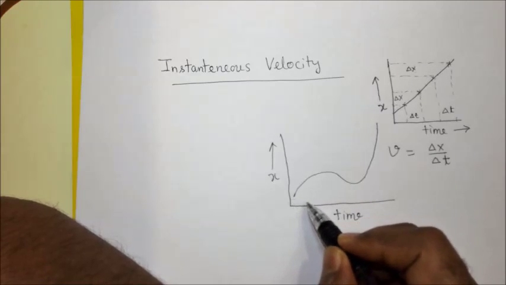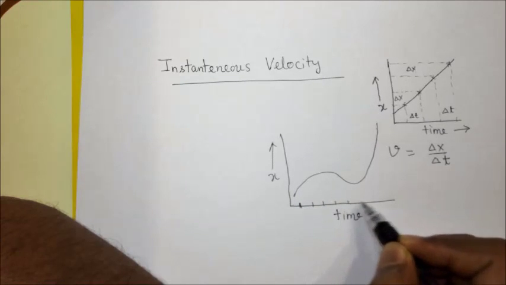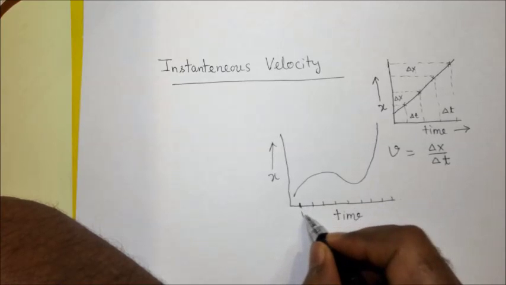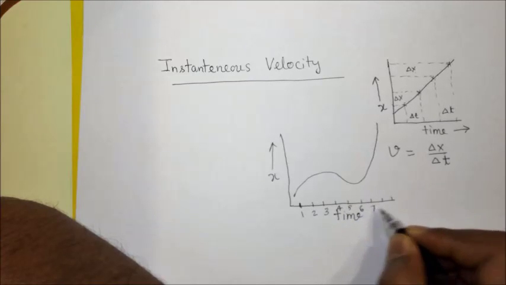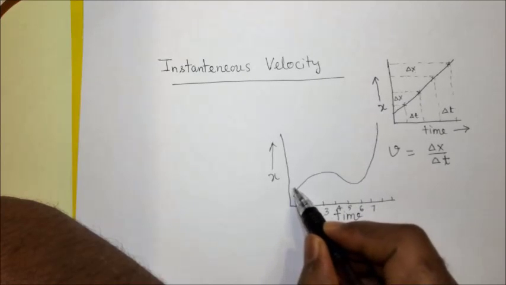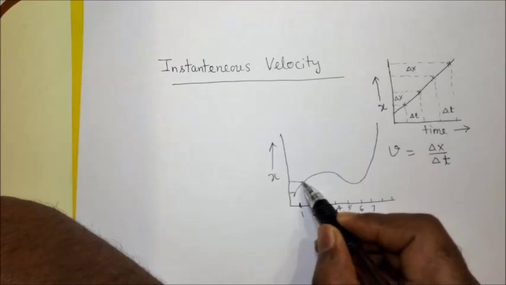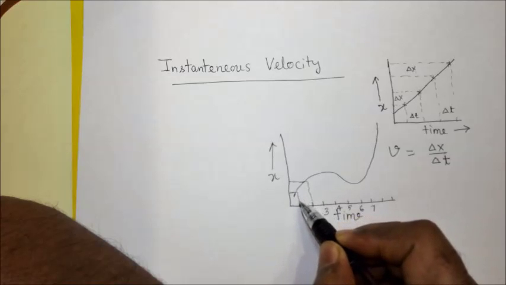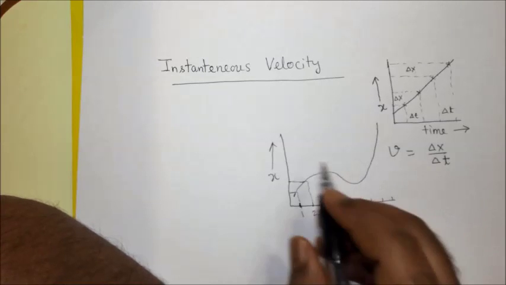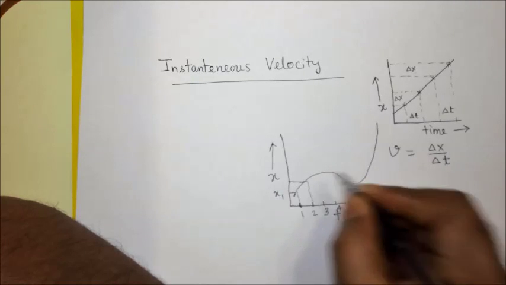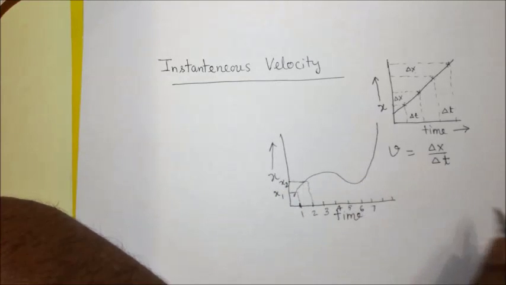Suppose you have a time of 1 second, 2 seconds, 3 seconds, 4, 5, 6, 7 seconds. In 1 to 2 seconds, change in position is only this much. This is your delta x. This is x1, position at 1 second. This is x2, position at 2 seconds.